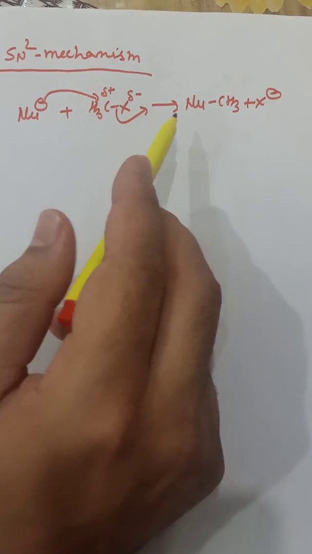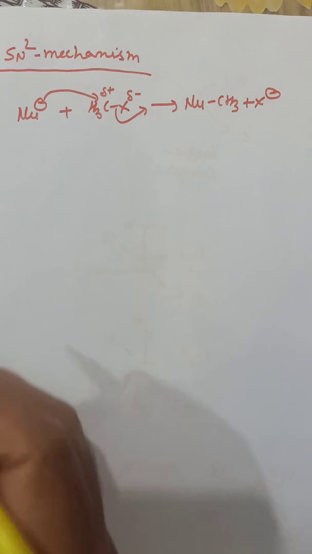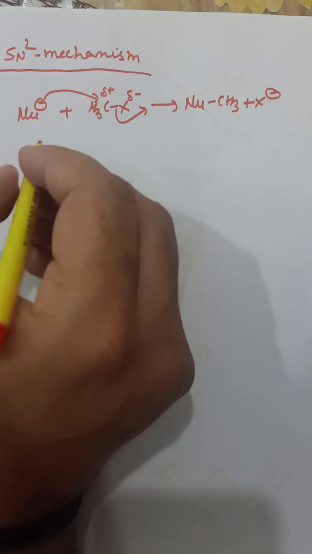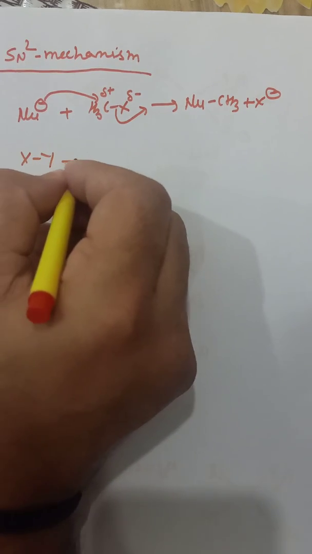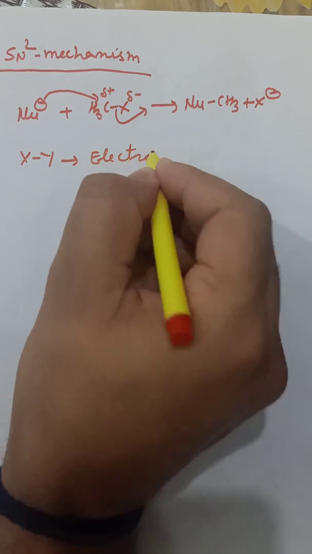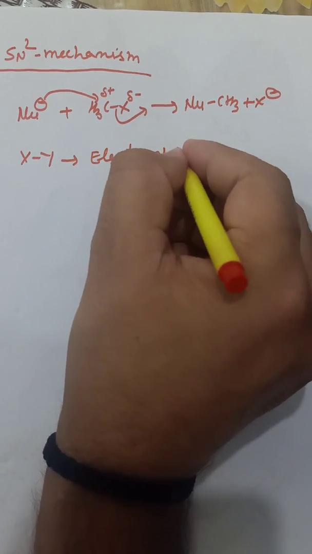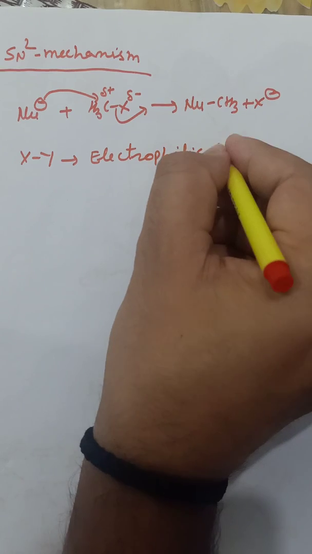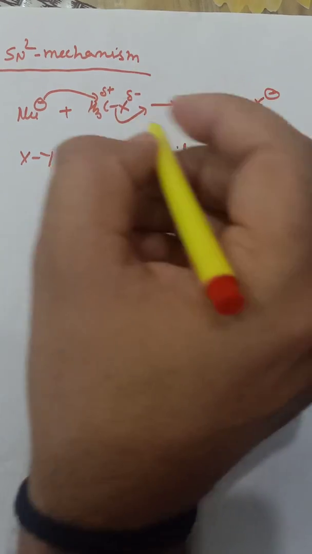You are aware of this. In the oxidative addition reaction, something happens in the same way. There is a very minute difference between the SN2 nucleophilic substitution reaction and the SN2 mechanism of oxidative addition. This SN2 mechanism occurs when your XY is an electrophilic polar molecule.